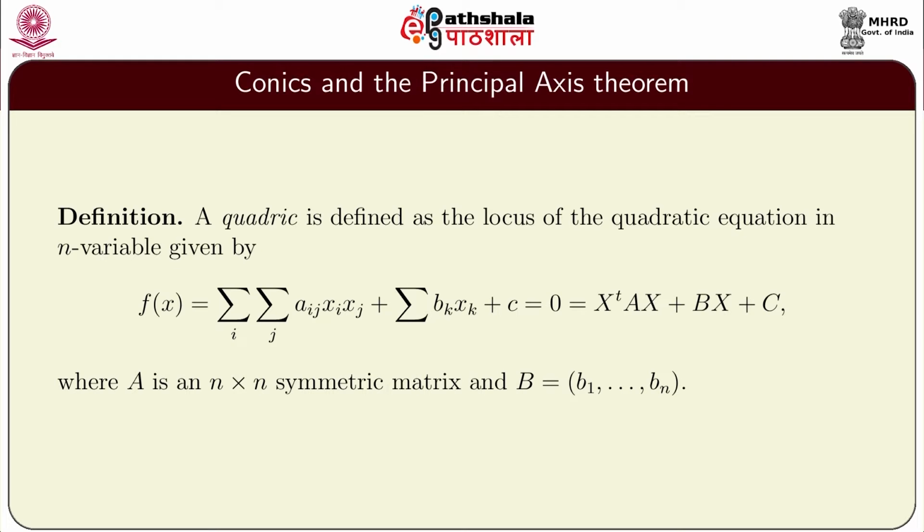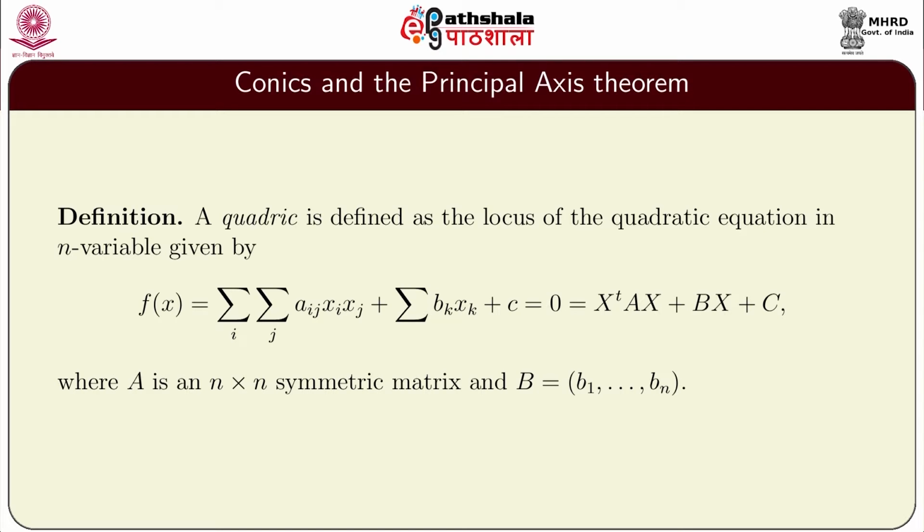You can see the monomials with the largest degree are of the form xi xj, and then there is a linear part, summation bk xk, and then there is the degree 0 part, the constant c.